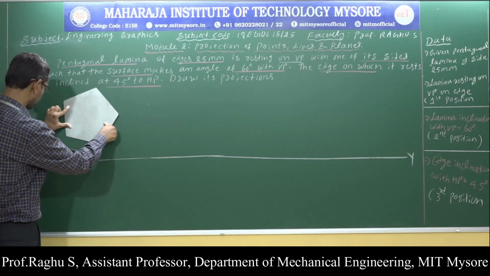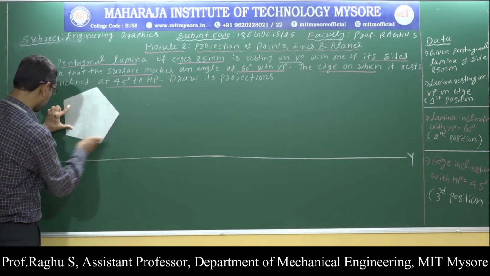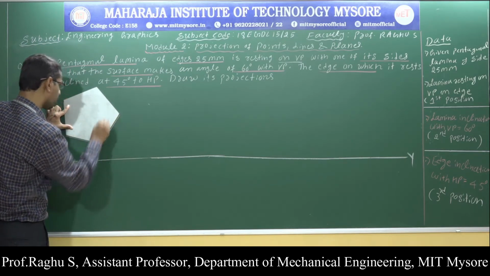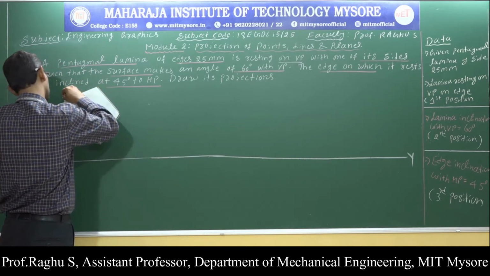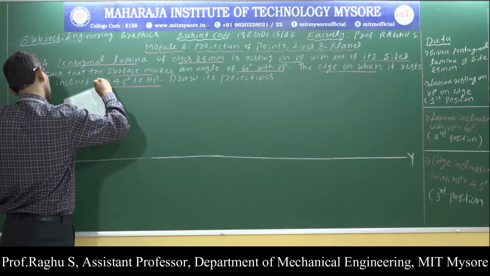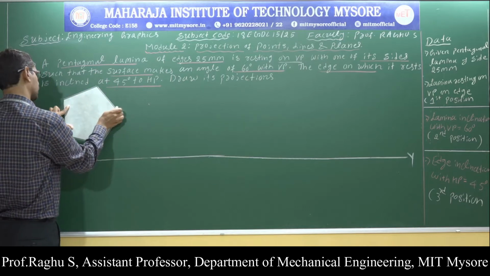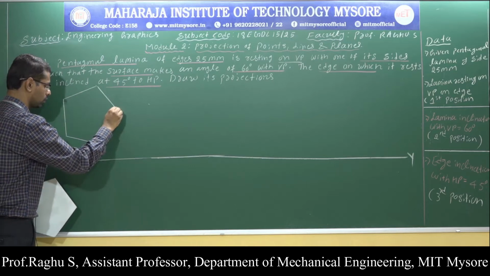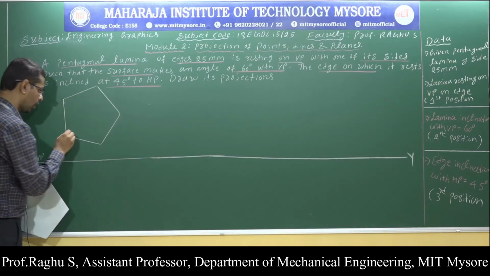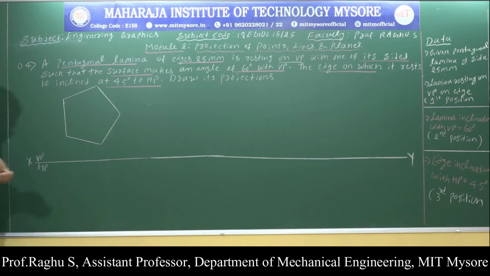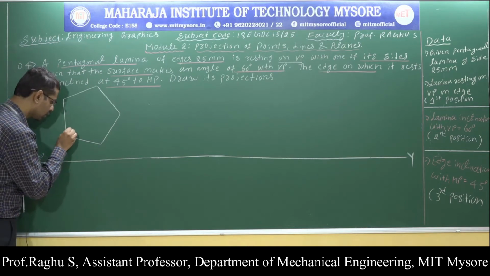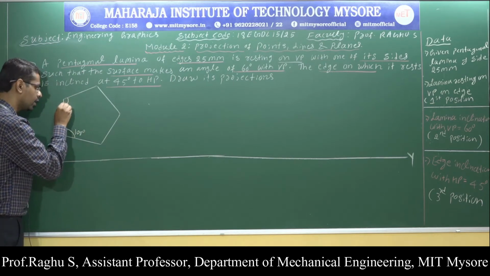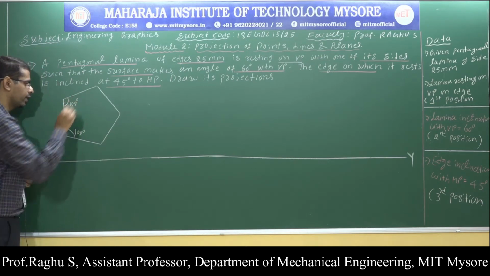Next, using the protractor, take a 108 degree line. So this angle should be 108 degrees. Here the interior angle should be 108 degrees.